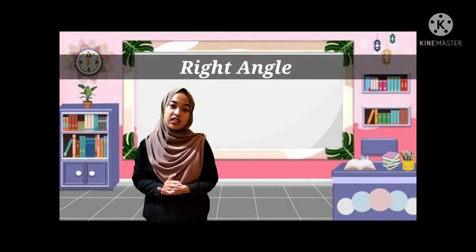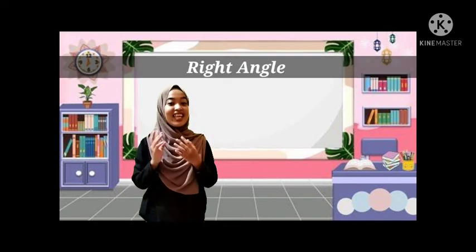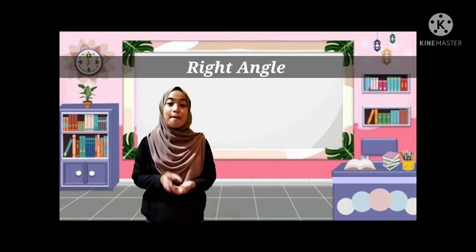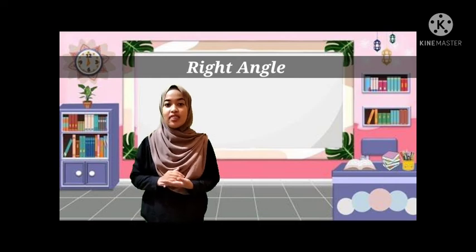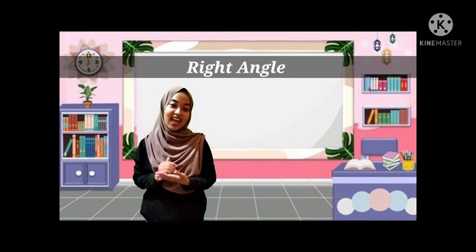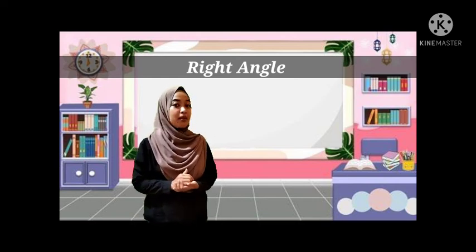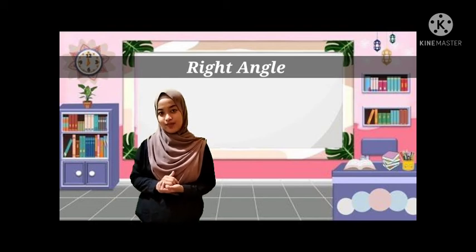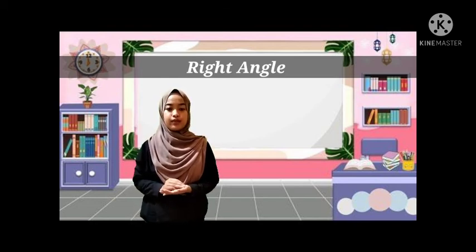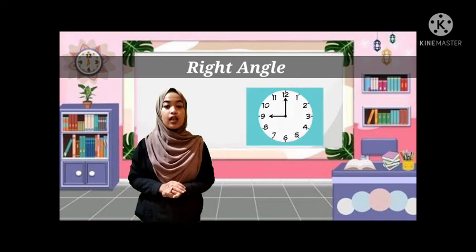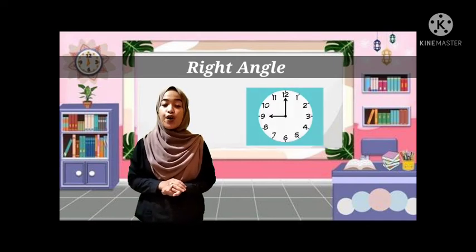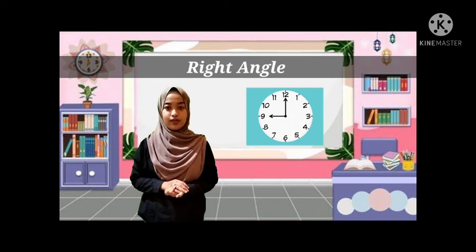The next application of a right angle in daily life. Before we look at examples, let's remember that a right angle measures 90 degrees. For example, look at the following picture. The picture shows 9 o'clock.